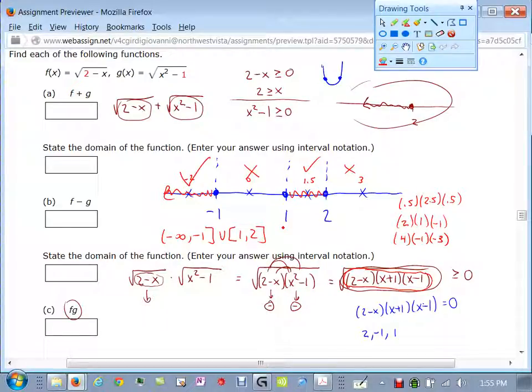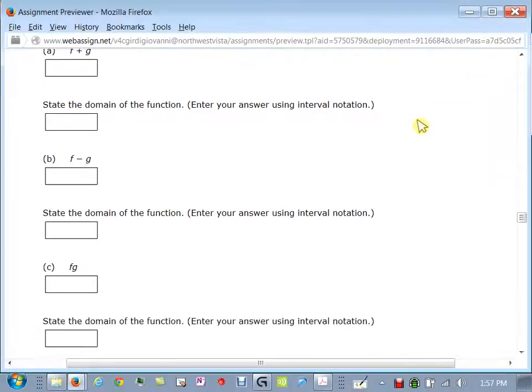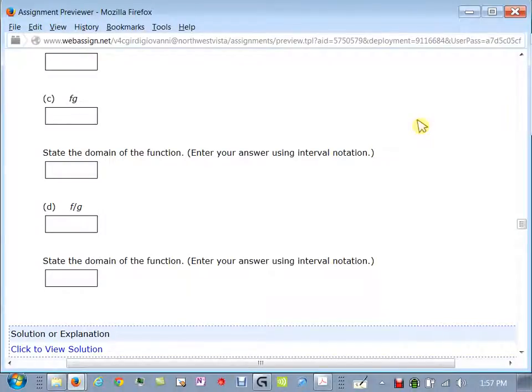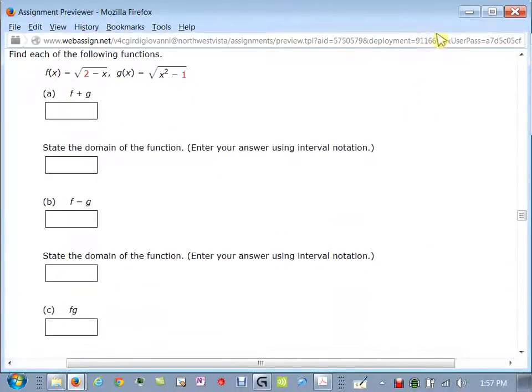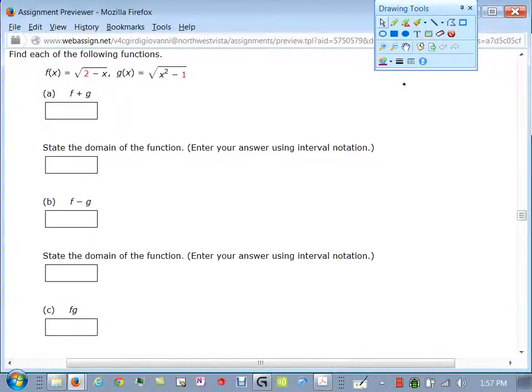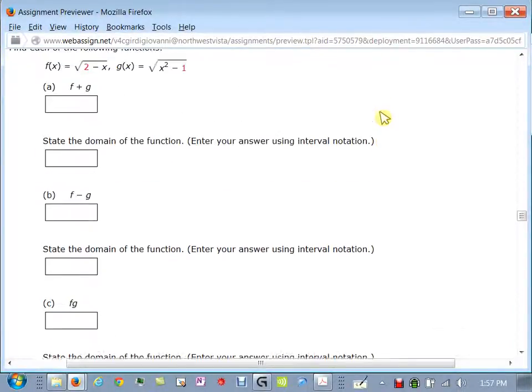Let's see. Where are we? f minus g. I think I'm going to clear this all out. Okay, how about division? So when we divide these two, and I think I'll just do it up here. Oh wait, which one was it? F over g?